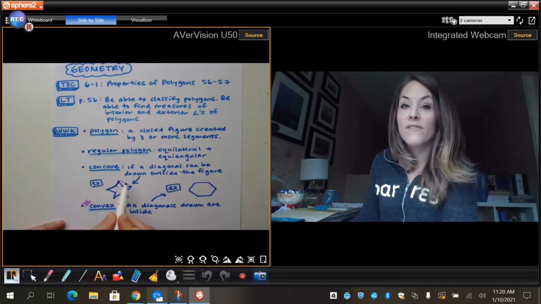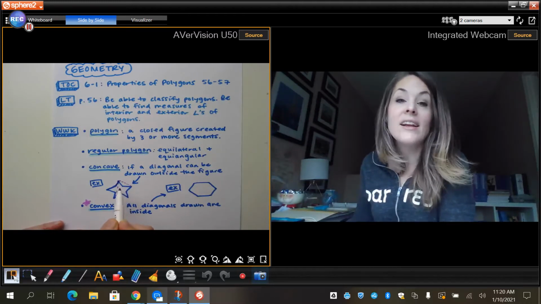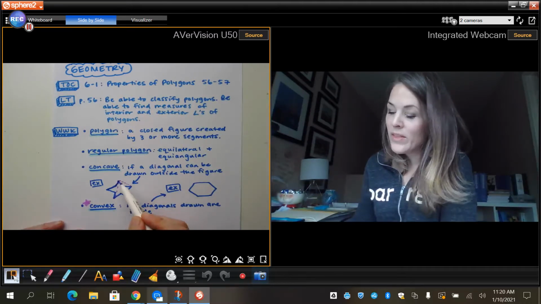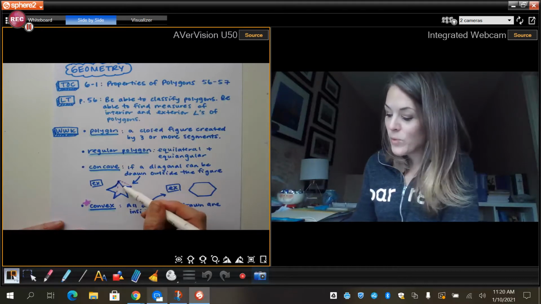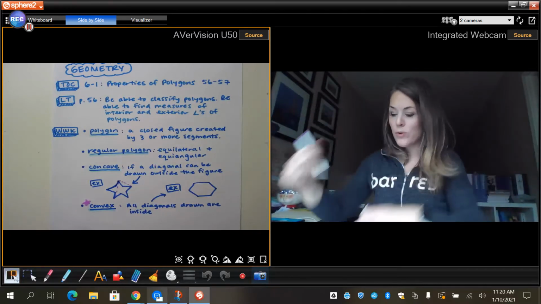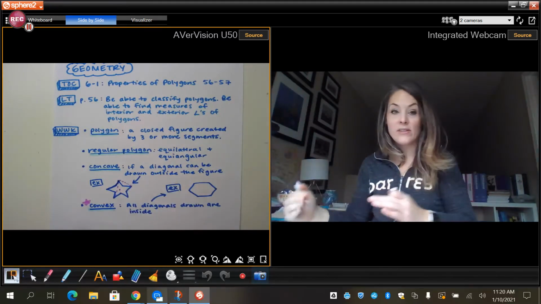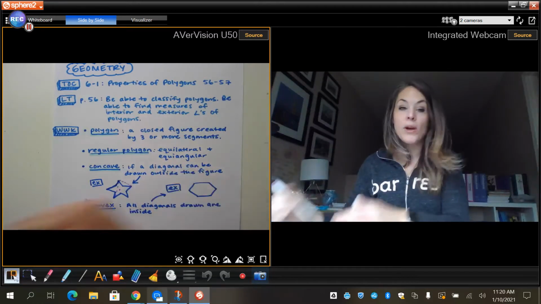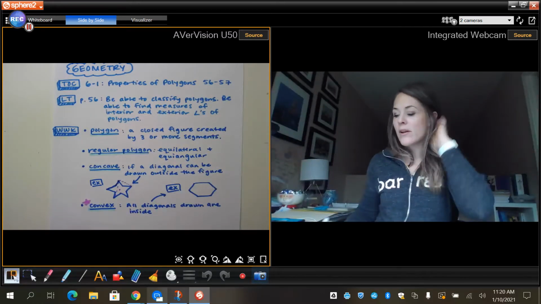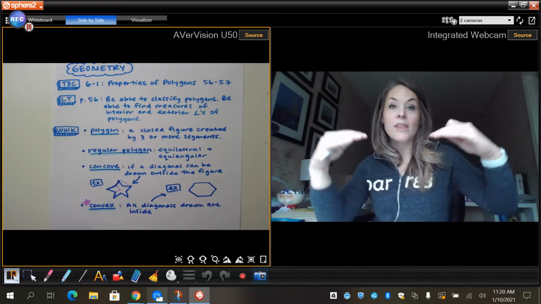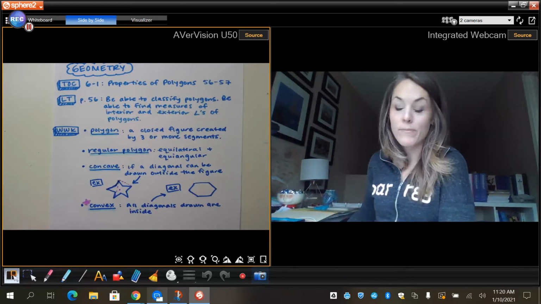But because one can be drawn outside, it is concave. The easiest way I think about it is one of the vertices caves inward towards the center. If you think about the center of the figure, you have some that point inward and some that point outward. So if you have any that point inward that cave in, it's a concave polygon.